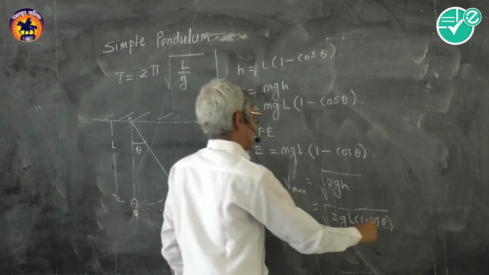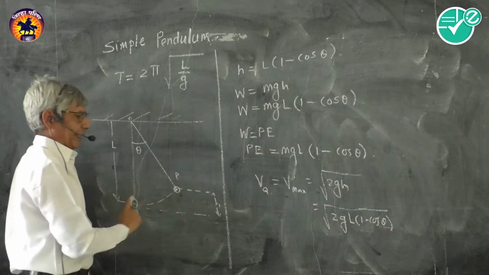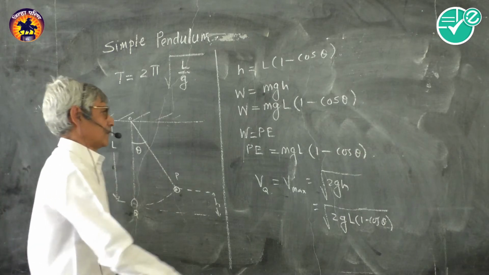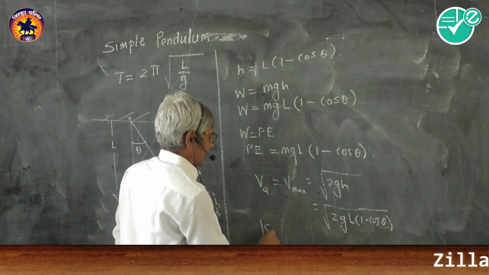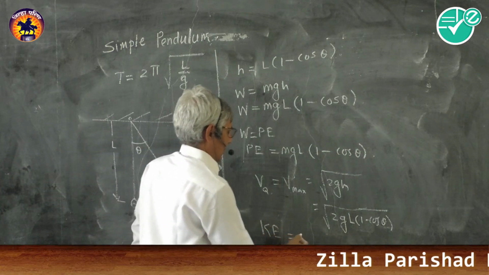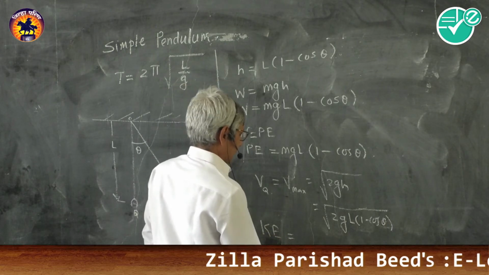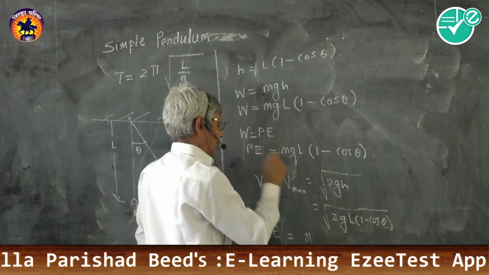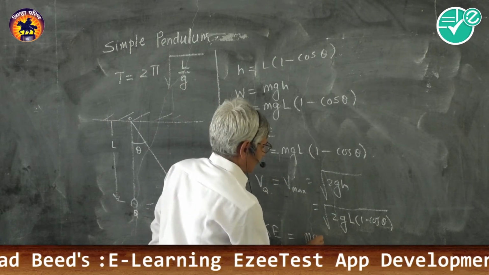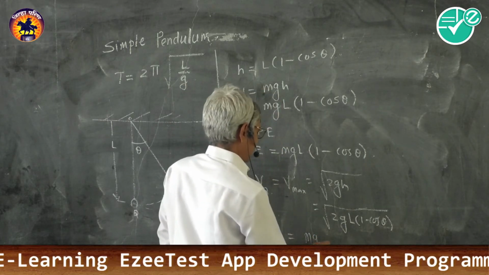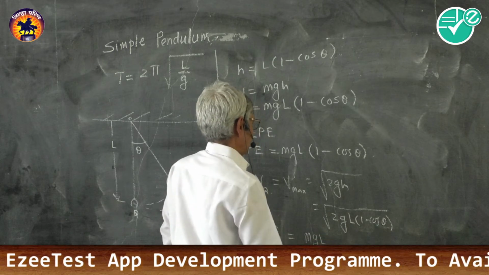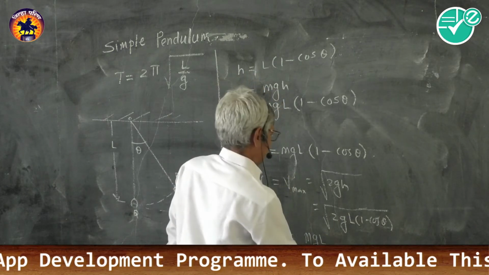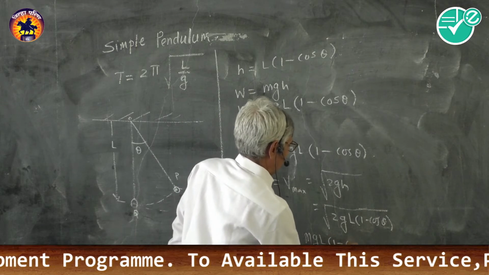This is the velocity achieved by the pendulum when it is at position Q. Similarly, the kinetic energy, of course this is the maximum kinetic energy, will be equal to the potential energy at position P, and it is equal to mgL into 1 minus cos theta.